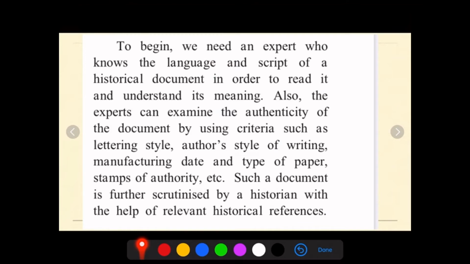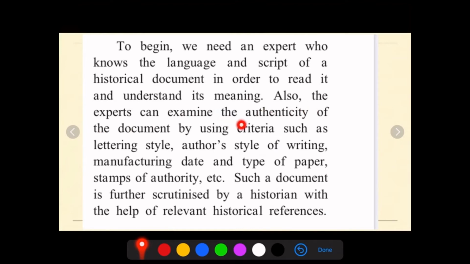There is a difference between the language of today and the language of the past. You should also know the script, the written format, how to read it, and understand its meaning. So we need an expert for this.